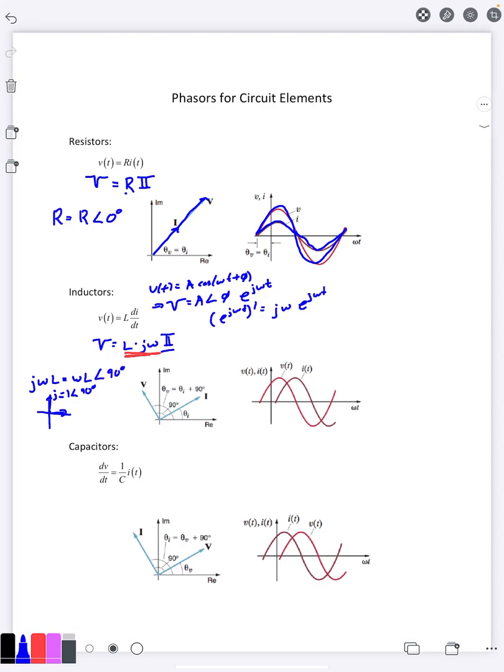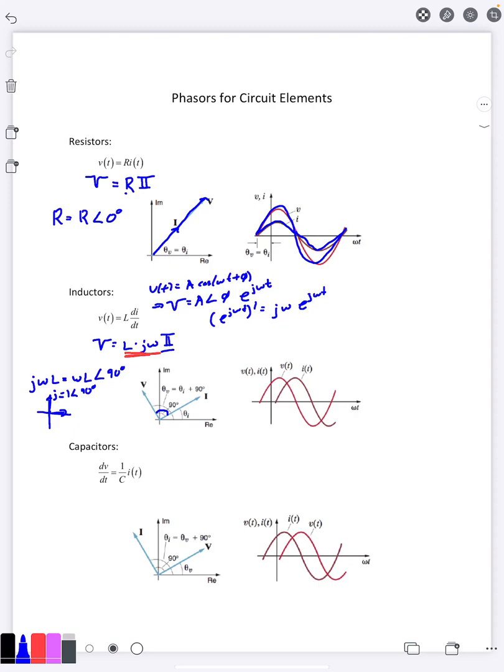So what's going to end up happening is your voltage is always going to have a 90-degree larger phase angle than whatever your current is, because you're taking current, multiplying by something with 90 degrees, which means you add 90 to get the phase angle for voltage.